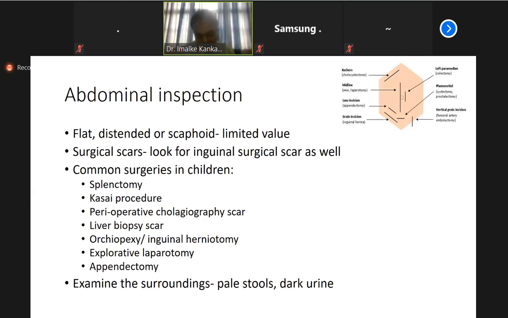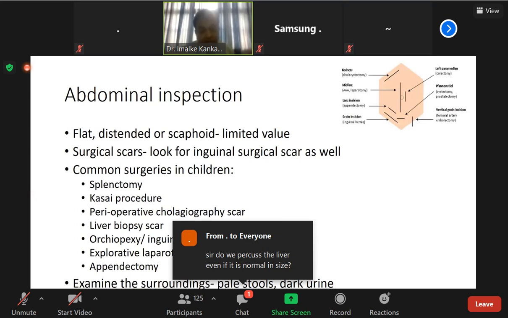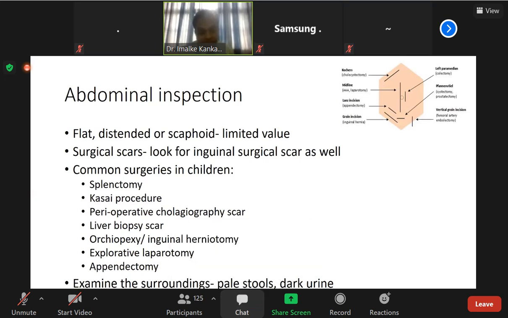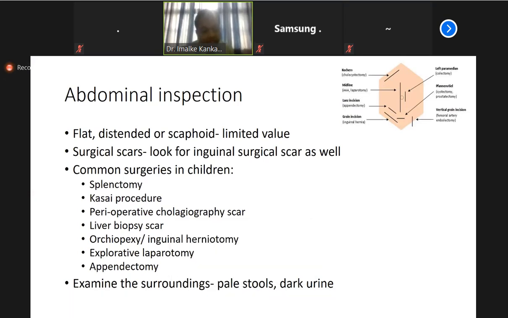Don't miss that. Right? So, orchidopexy and inguinal herniotomy scars will be in the inguinal canal. And explorative laparotomy scar will be in the middle. And appendicectomy scar would be the Lanz incision line, McBurney's point.